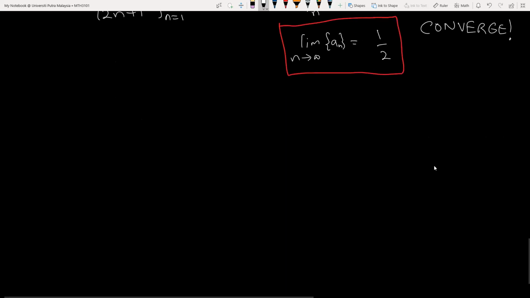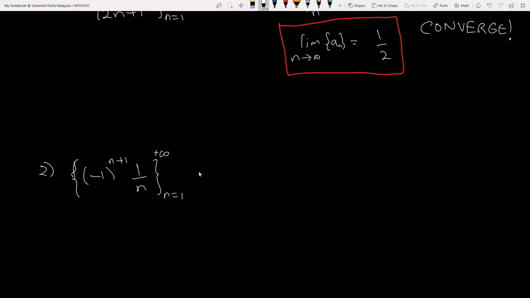Let's see another example, an alternating example. Number 2: the limit for (-1) to the n plus 1 over n, starting from 1 until positive infinity.